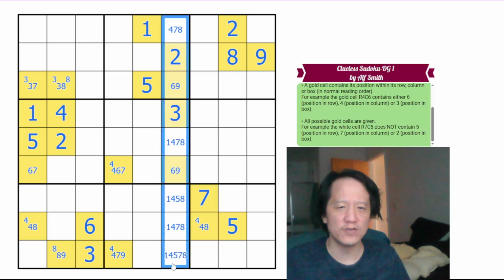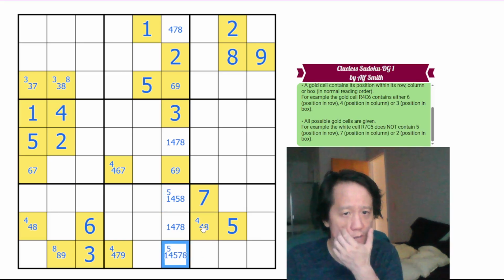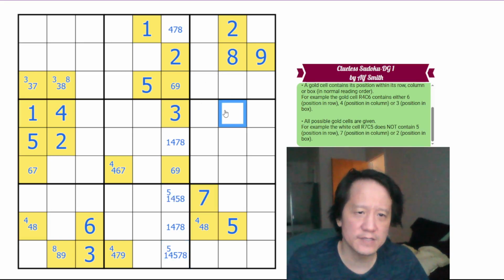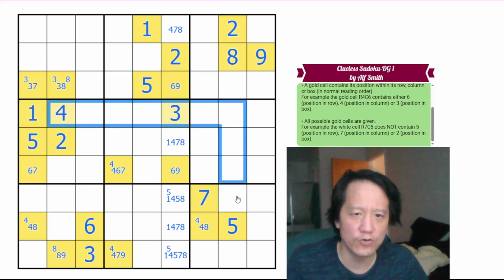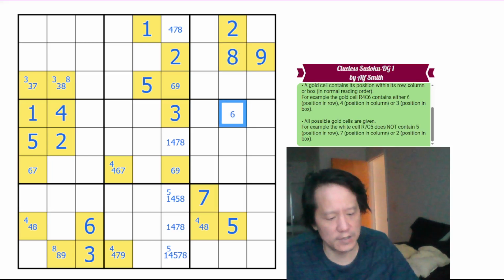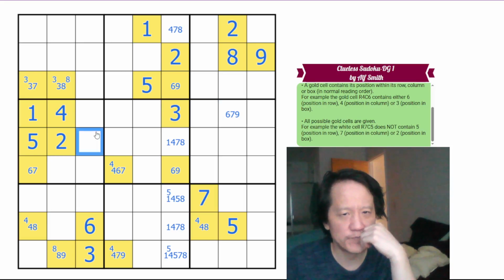Where is the 5 in column 6? It must be one of these two. Okay. This cannot be 1, 2, 3, 4, 5, 8. So this is 6, 7, or 9. You could still match any of them.